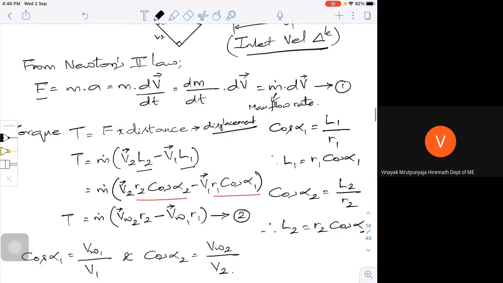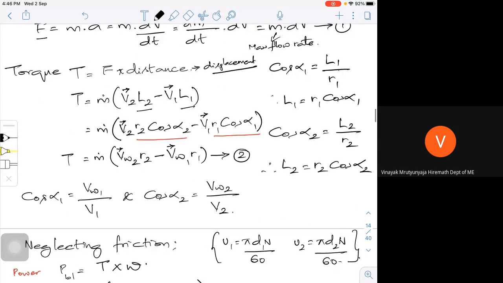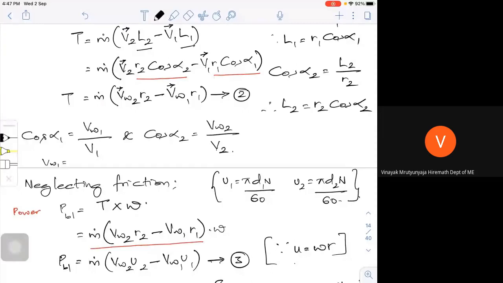Or I can write V1 cos alpha 1 as VW1 and V2 cos alpha 2 as VW2. So here if you look at it, I can write VW1 is equal to V1 cos alpha 1, and VW2 is equal to V2 cos alpha 2.